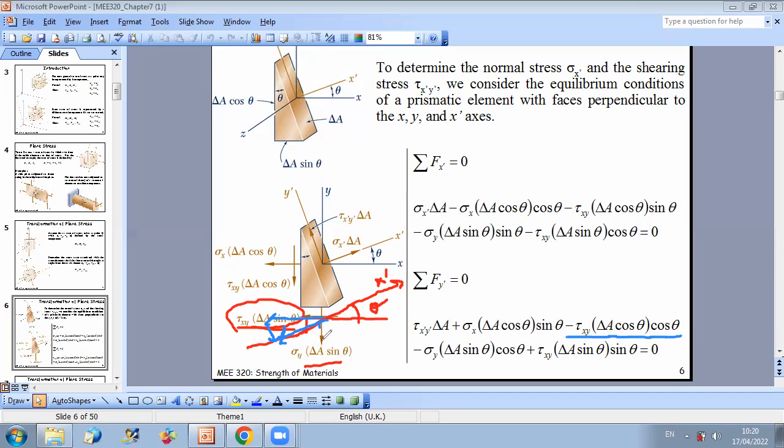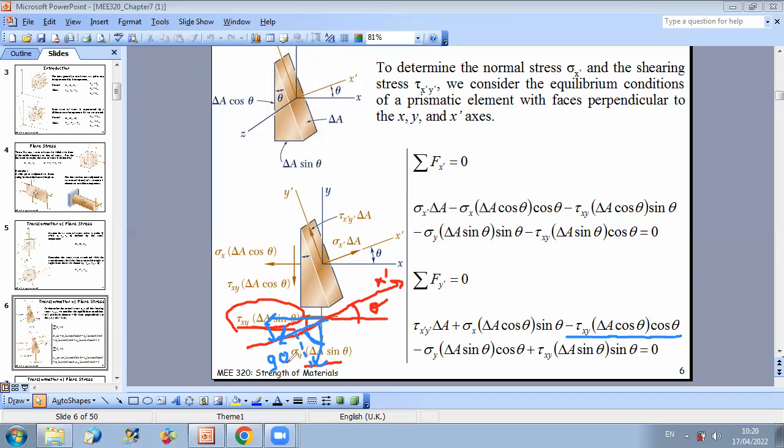Now for the normal force, the same analysis applies. This is 90 minus theta. So if you want to project it on x prime, you also have a negative projection.